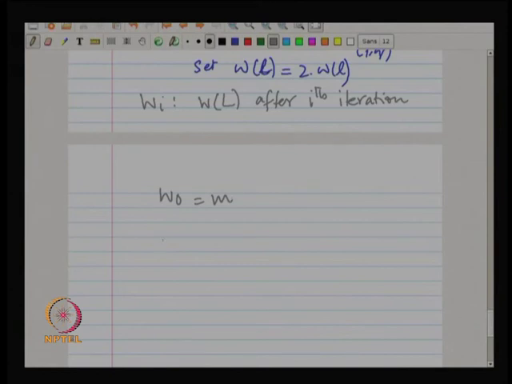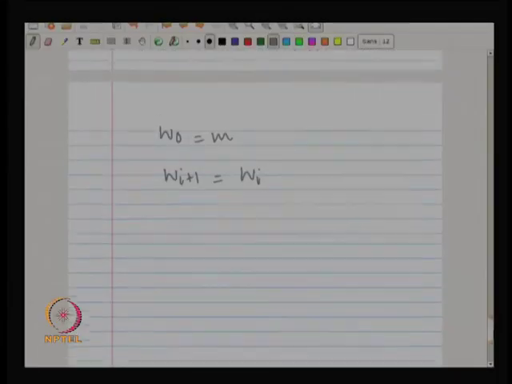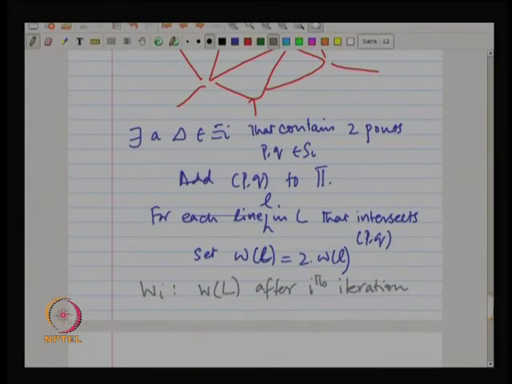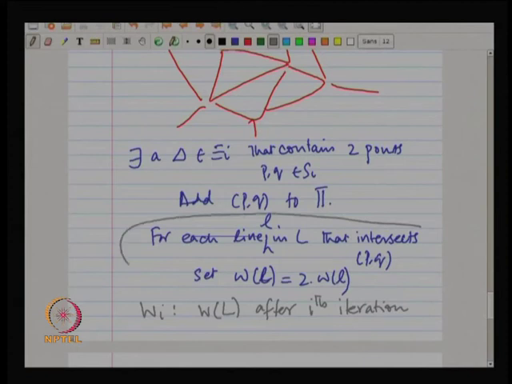The other important relation is, if I know Wi, you need to write Wi plus 1 in terms of Wi. So when does the weight increase? The weight only increases here.